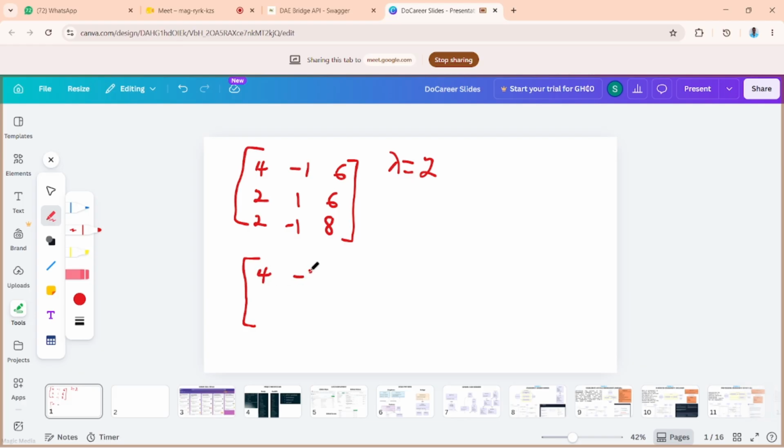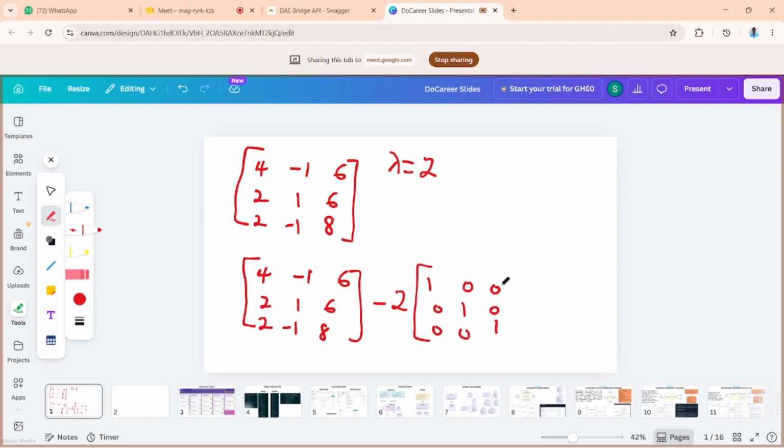4, -1, 6, 2, 1, 6, 2, -1, 8, minus 2 multiplying the identity matrix 1, 0, 0, 0, 1, 0, 0, 0, 1. Me, I like filling the diagonal first so that I will not get confused.